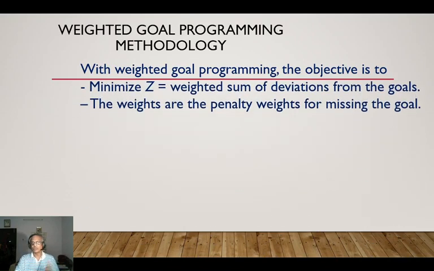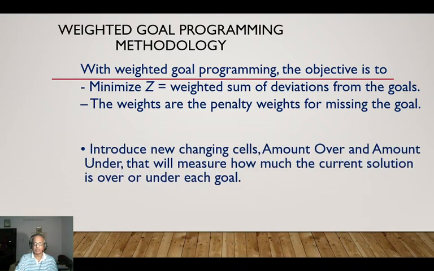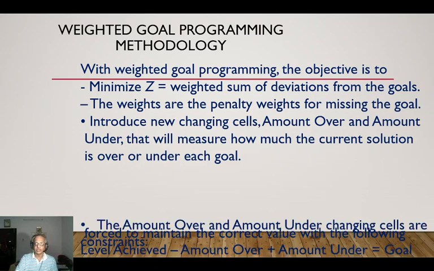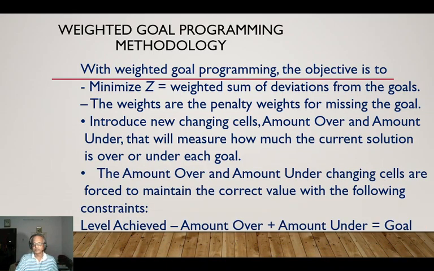So with weighted goal programming, the objective is to minimize the weighted sum of deviations from the goals. And here weights are the penalty weights, which are already given. And introduce new changing cells, amount over and amount under, that will measure how much the current solution is over or under the target. The amount over and amount under changing cells are forced to maintain the correct value with the following constraints.